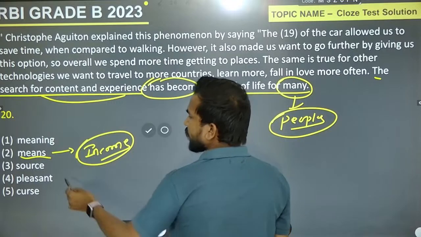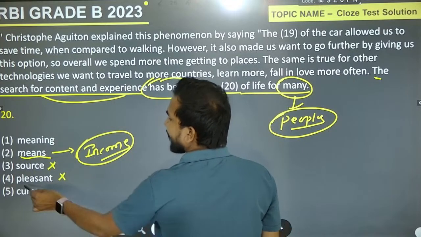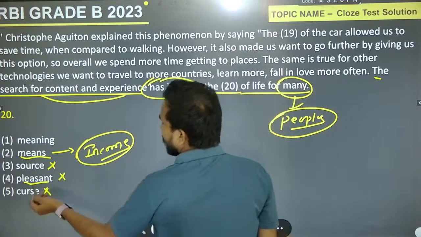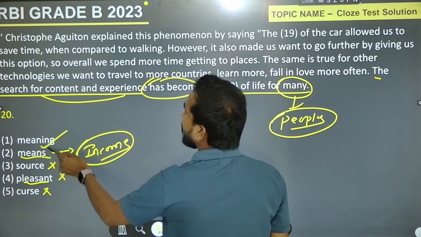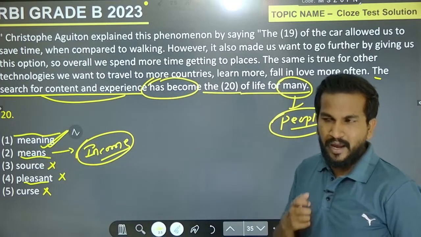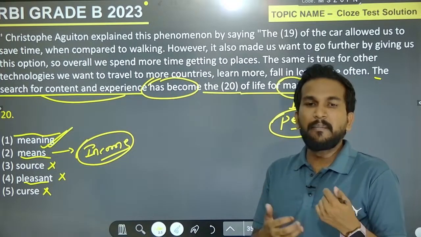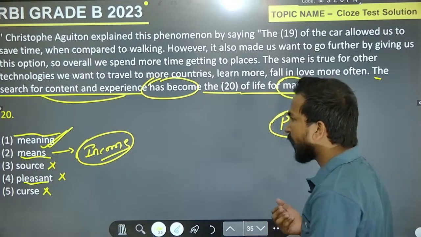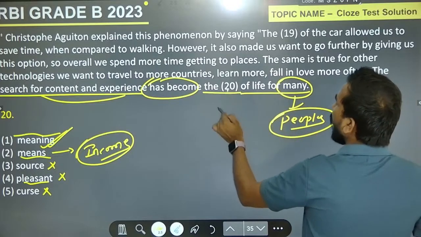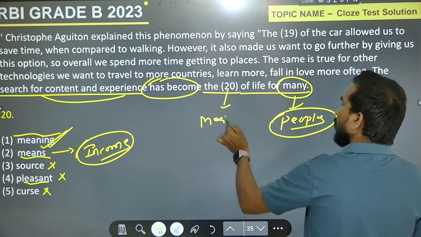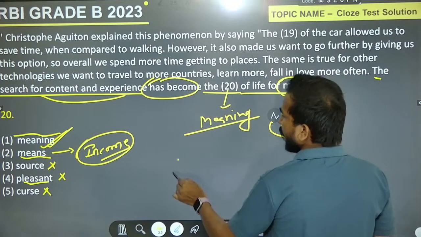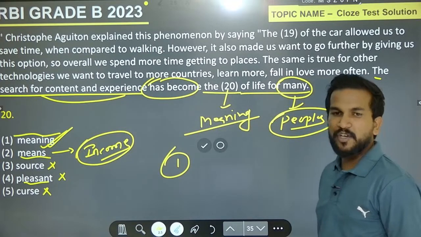What is your means? Source or pleasure that gives you that pleasure. If we are going to have something in our life, that will be the meaning of our life, so it must be has become the meaning of life for many. So it must be option A.